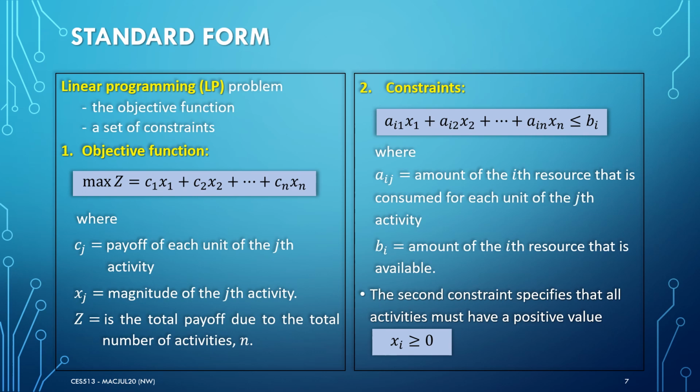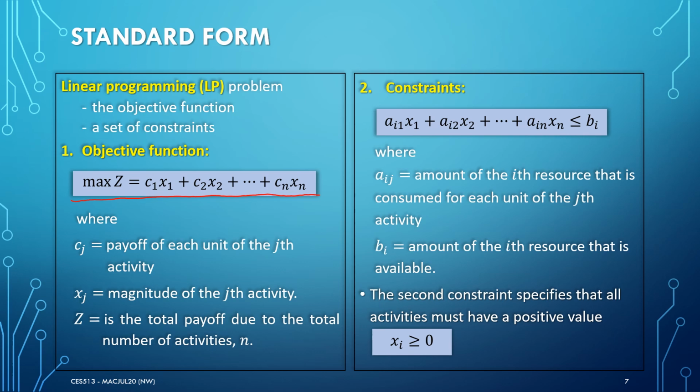For a maximization problem, the objective function can be generally expressed as maximize Z equal to c1x1 plus c2x2 plus so on plus cnxn, where cj is the payoff of each unit of the j-th activity, while xj is the magnitude of the j-th activity. So Z is the total payoff due to the total number of activities n.